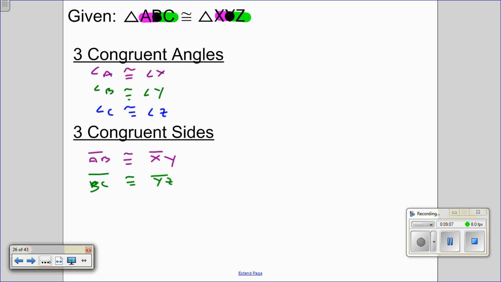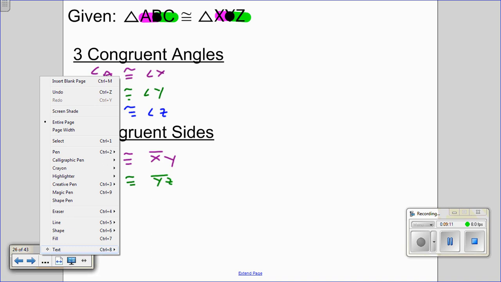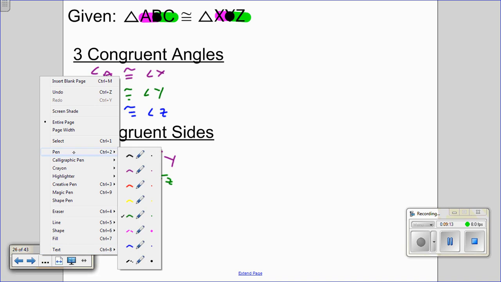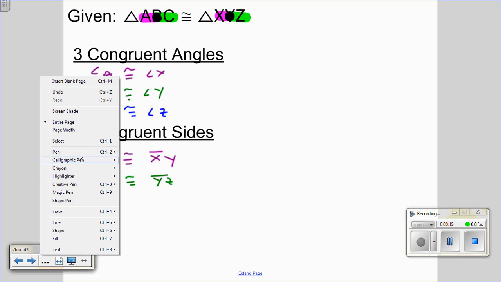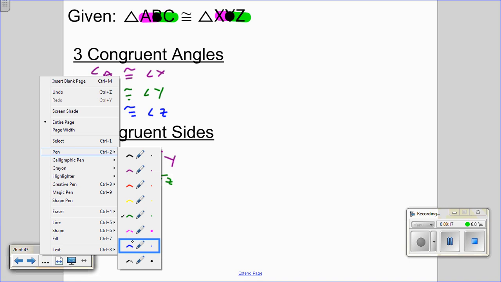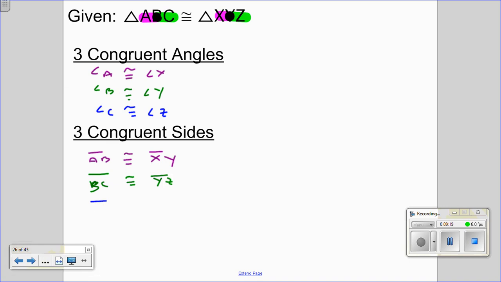And last but not least, that means CA or AC, doesn't matter how you want to word it, is congruent to ZX. So again, order is very important when you're naming the congruent parts.